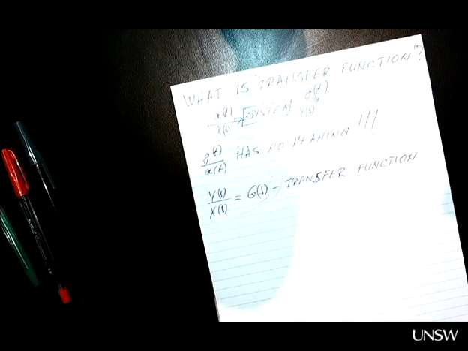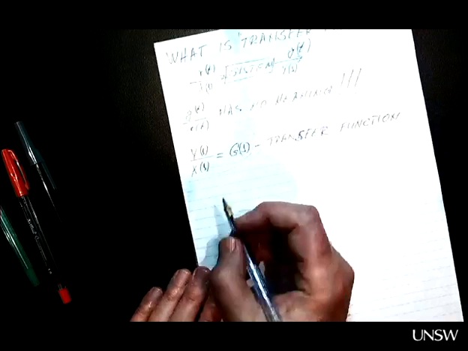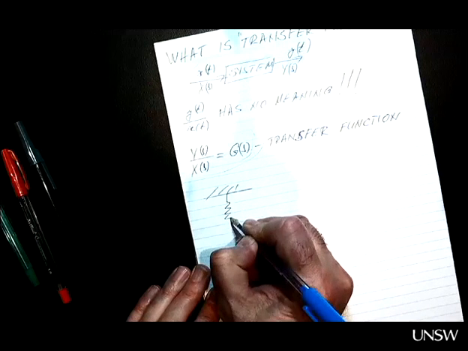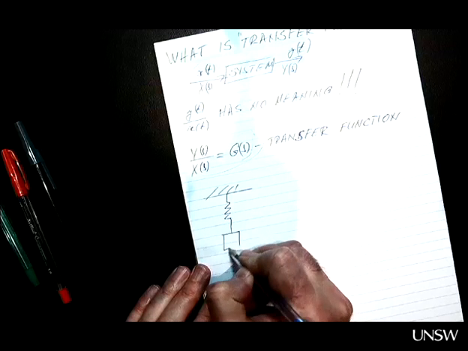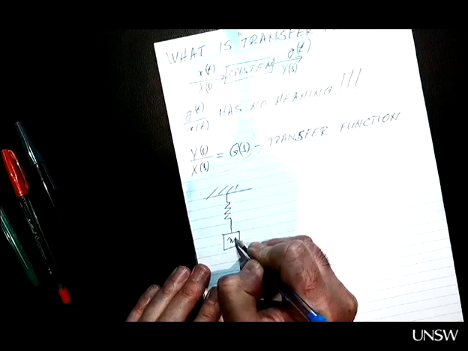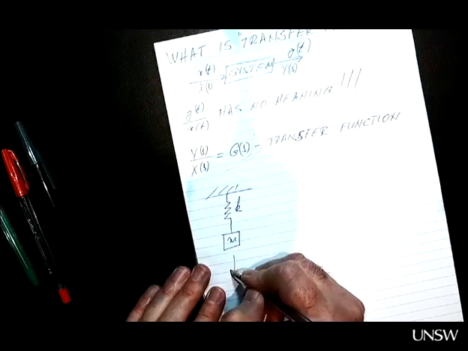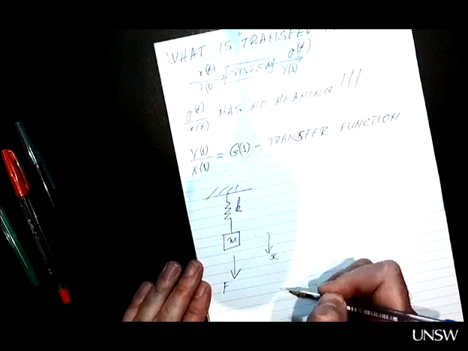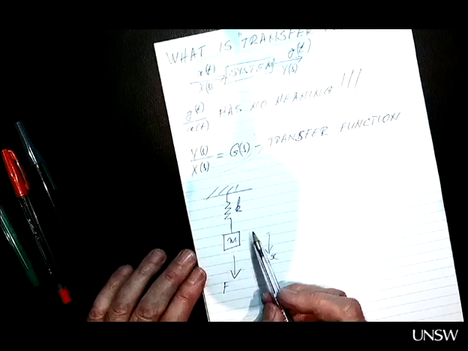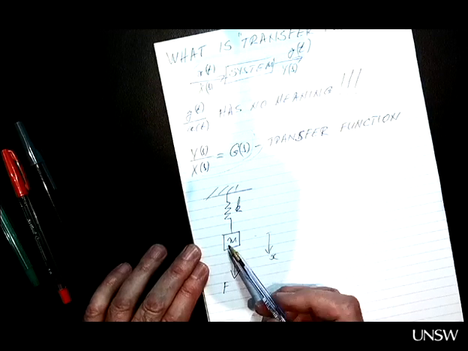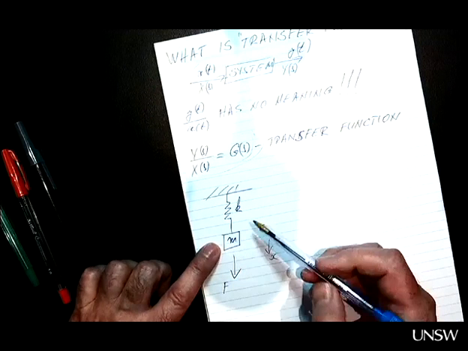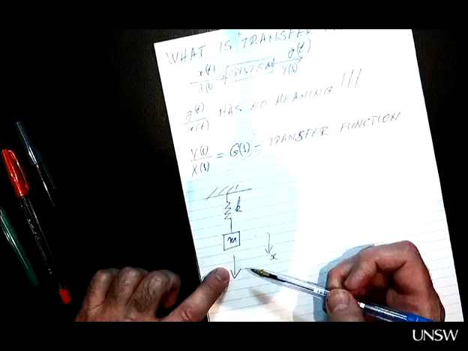An example I used earlier, a spring mass damper system. Input force, output displacement. We said earlier, if we regard this M as a free body and analyze the free body diagram, you will have force as the input minus force in the spring.